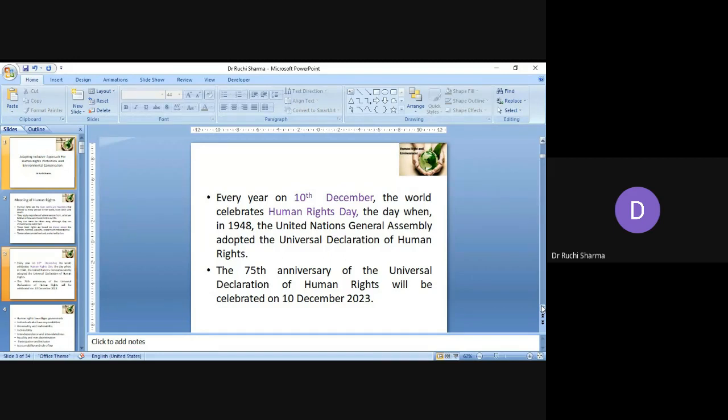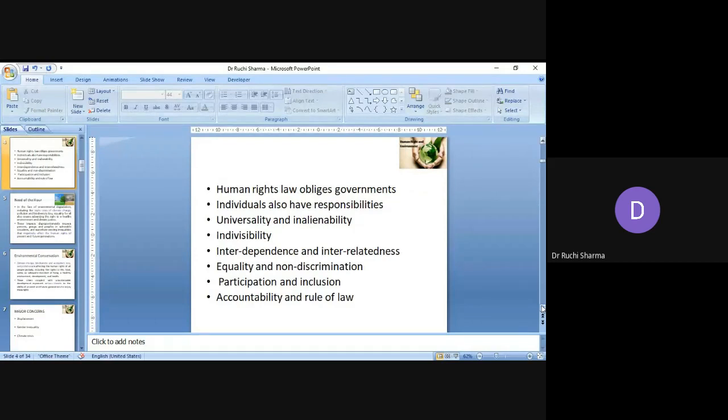It was on 10th December 1948 that the United Nations General Assembly adopted the Universal Declaration of Human Rights. And the 75th anniversary of this Universal Declaration of Human Rights, we will be celebrating this year on 10th December. So when we are talking about the different kinds of human rights, what are they?